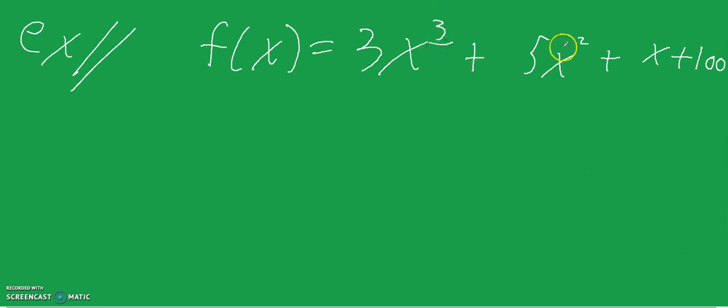I've got a 3, a 2, a 1 here, and then 100 is technically a 0. I pick out the biggest one, so it's 3. So my degree is 3, and then I look at the coefficient of that term, and it's also 3, which is positive.